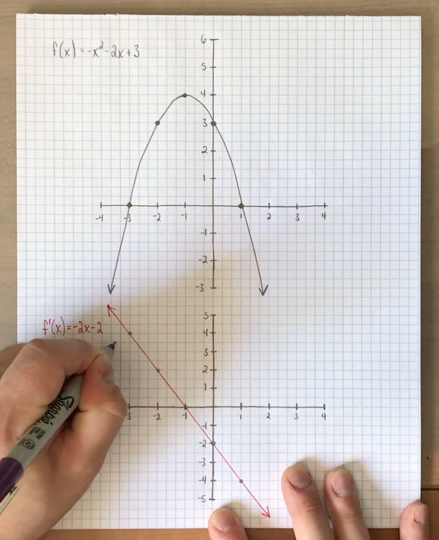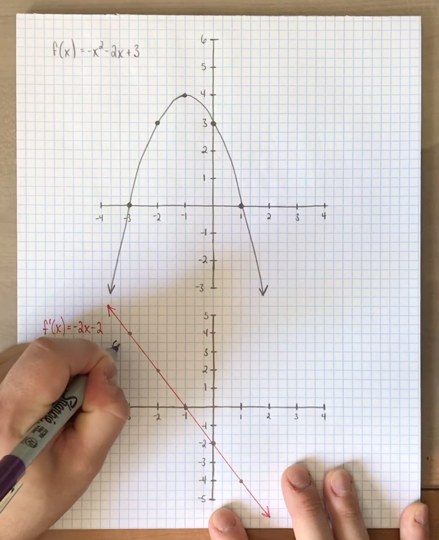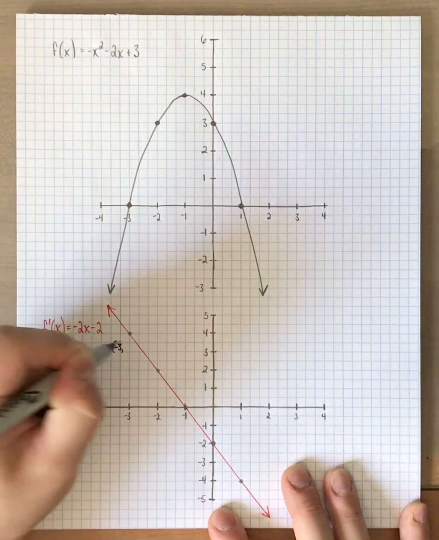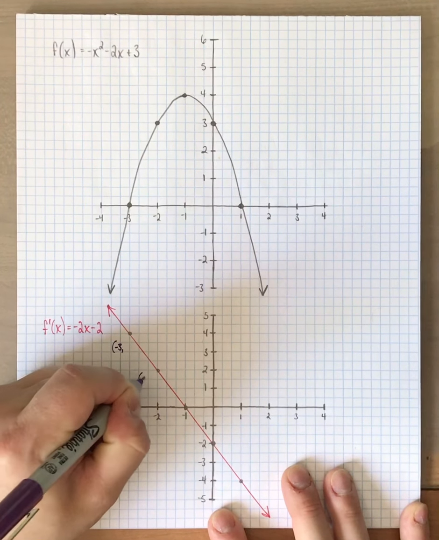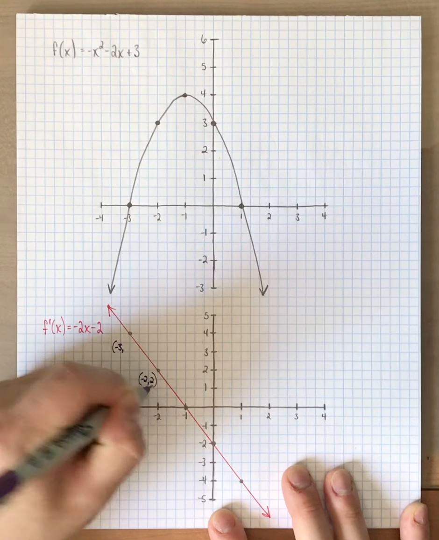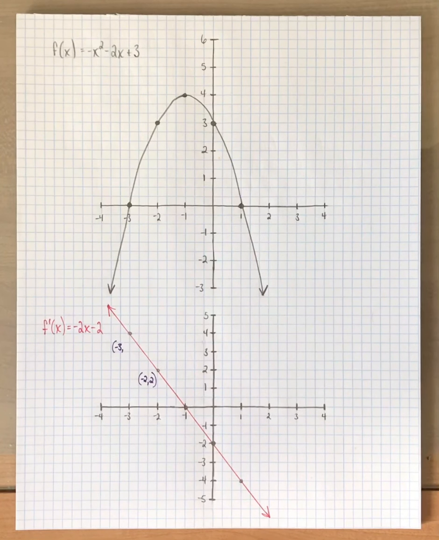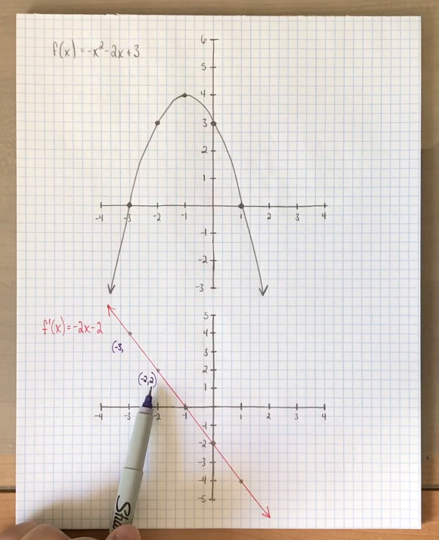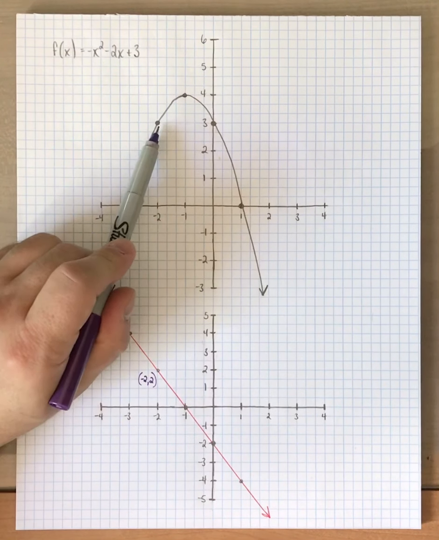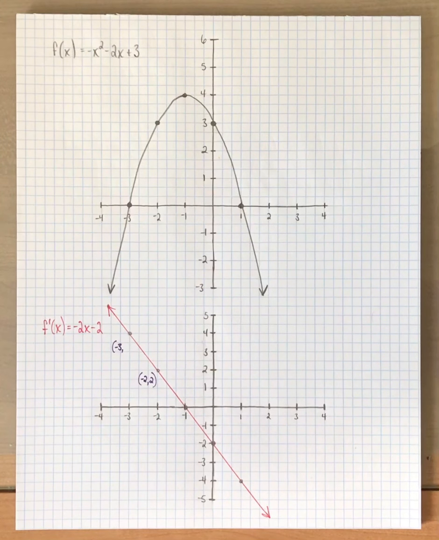For example, we did not do that one. We did this one. Negative 2 comma 2, a point on the graph of the derivative function. That is to say, when the x value is negative 2, the instantaneous rate of change of the original function is 2.